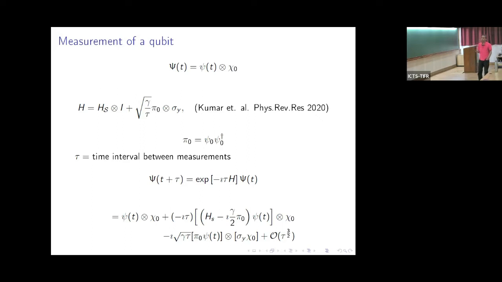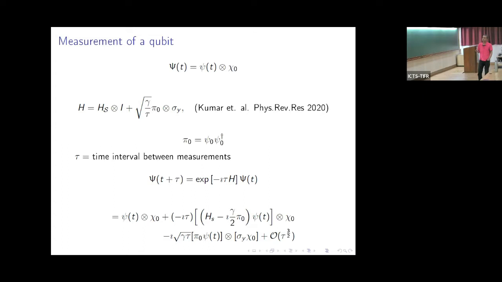Now, during the time of the interaction, we assume that the system and the detector entangle and evolve in accordance with this equation. So the detector's Hamiltonian we assume to be almost trivial.